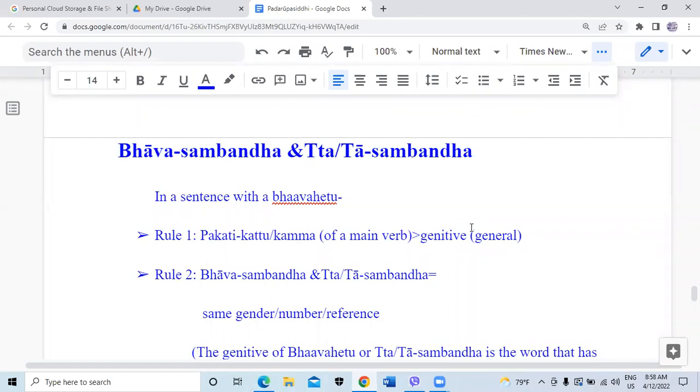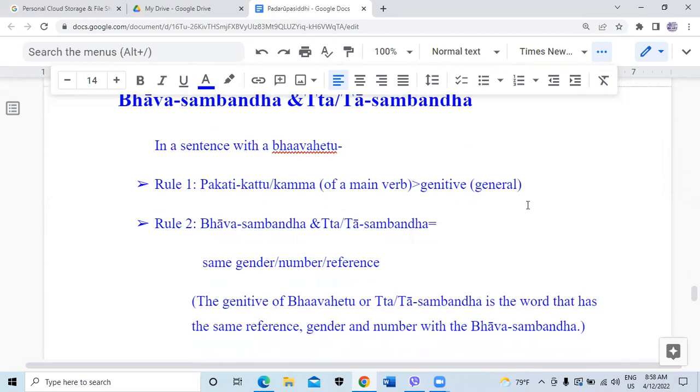And then also, since you have it here on the screen, I have a question about rule number 1. So that means sometimes it is the katu, sometimes it is kamma, right? So my observation is that for the Kita case, if it is active, then it is katu, and if it is passive, then it is kamma, right? Yes.